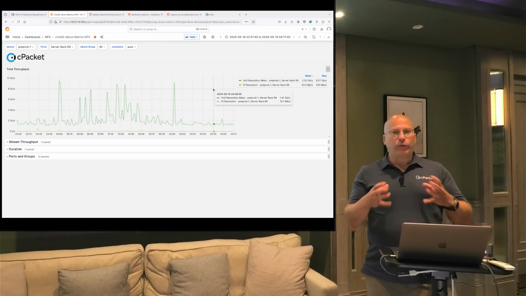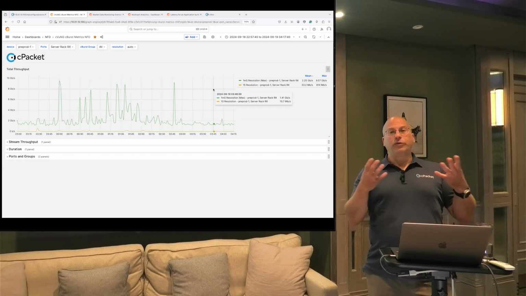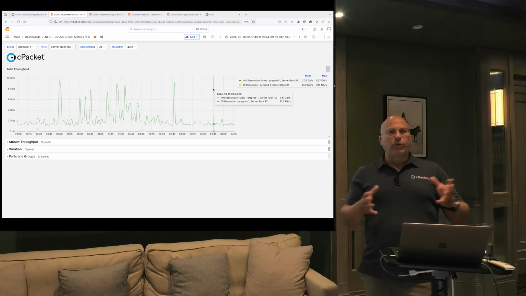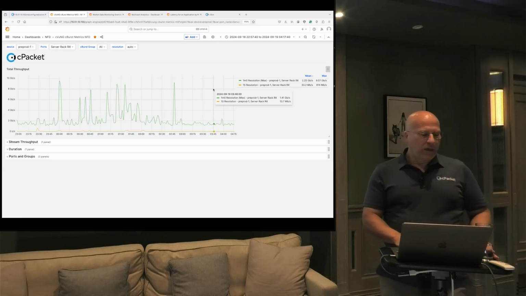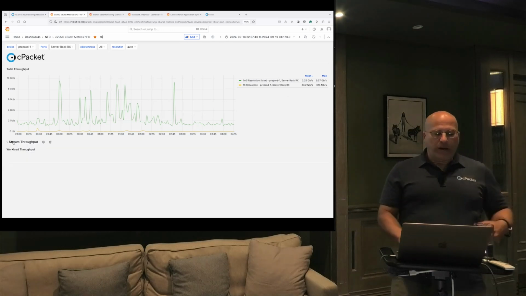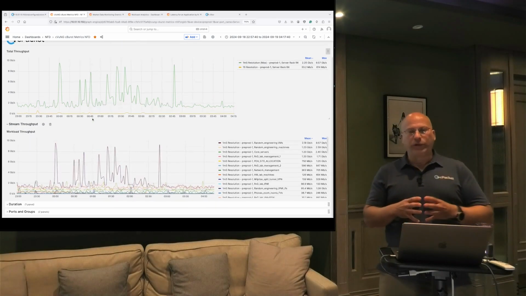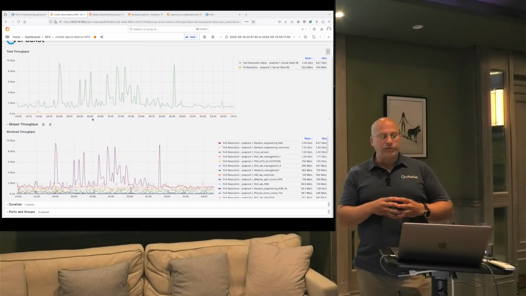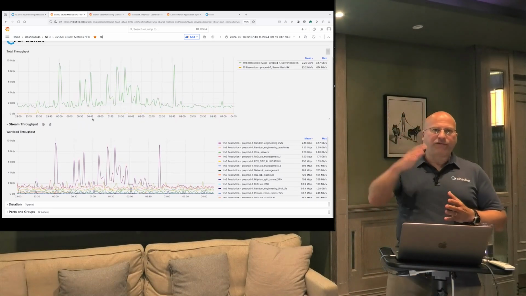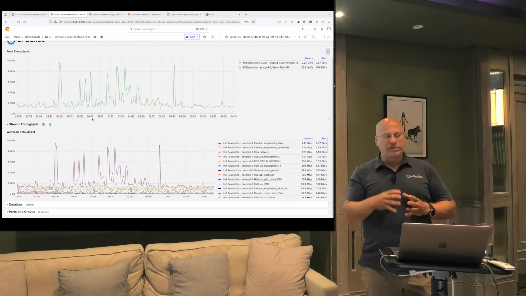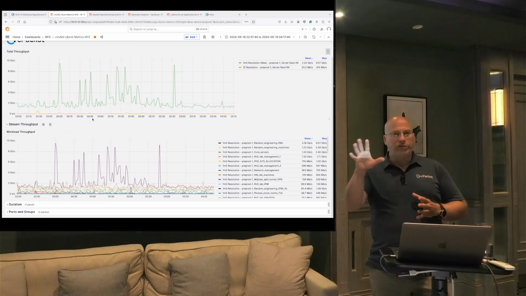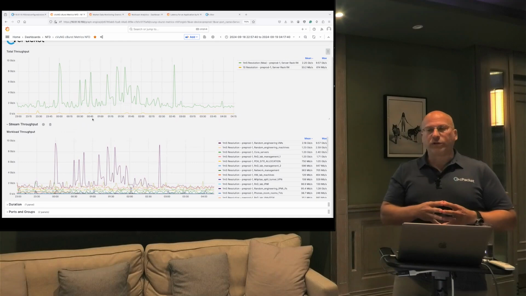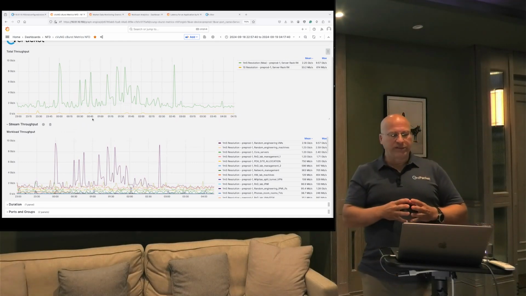But what you really want to understand, certainly if you talk about streams of market data, is which stream is the one that caused the burst. This is where our feature we call cBurst, or burst analytics, allows us to break the port into 1,000 filters or 256 streams and tell you, for each one of these streams on that port, what the throughput was when measured at 1 millisecond resolution.